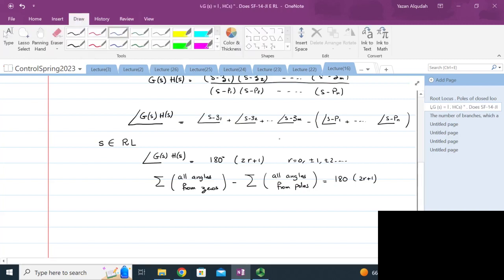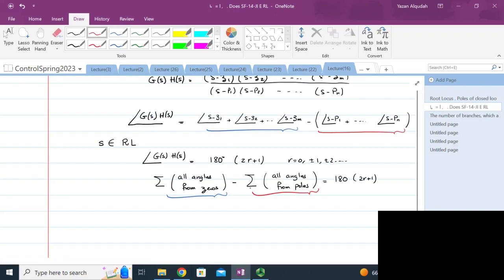This represents the summation of all the angles from the zeros. This represents the summation of all the angles from the poles. Is that clear, everybody? So how do we check for any point whether it belongs to the root locus or not? I'm going to take the summation of the angles from the zeros minus the summation of the angles from the poles. If it is 180 degrees, then it belongs. If it does not, it will not belong.